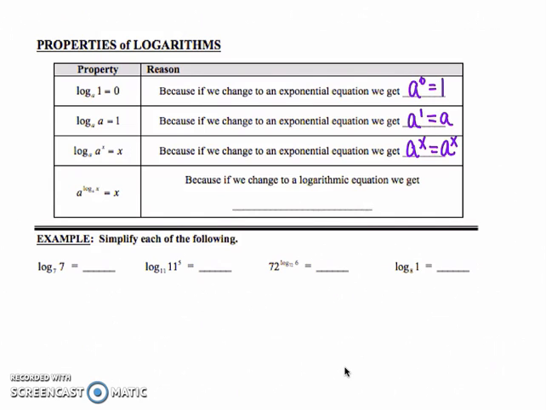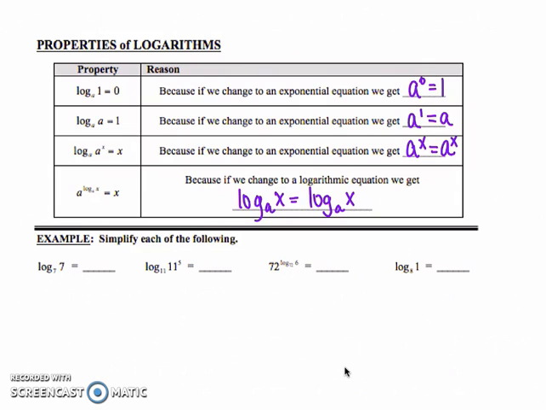If we have a to the log base a of x power equal to x, if we change this to a logarithmic equation, then we would get log, the base of our exponent is a, so log base a of x is equal to the exponent, log base a of x, which is a true statement as well.